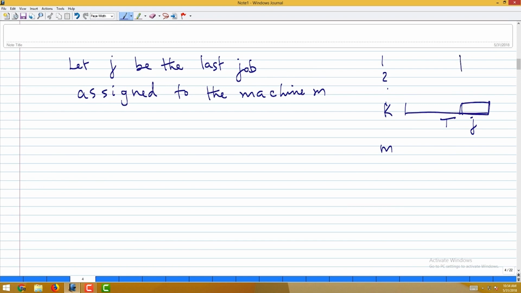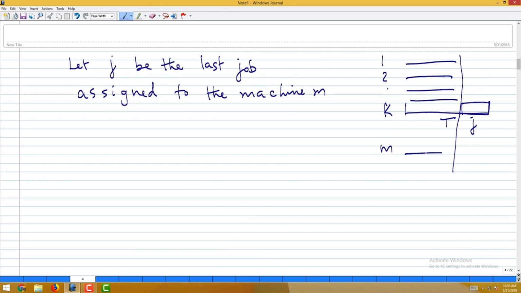Now, at this point, what can you say about the load of these machines? Greater than or equal to whatever the load at this point of the machine K is. Why? Because the greedy algorithm chose this machine to assign the job j. So, that means this was the least load machine at that time. So, everybody else had a load of at least that much, maybe equal to.